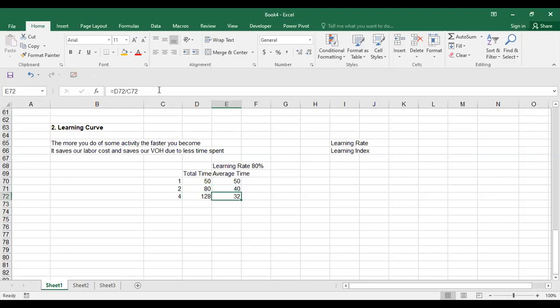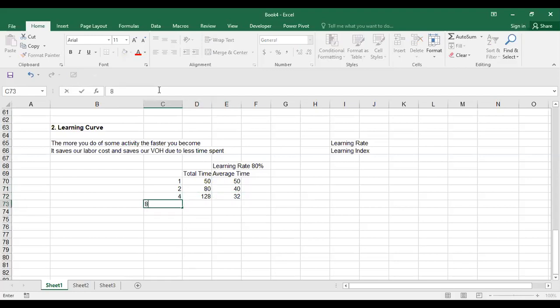Average time has reduced. For making 1 unit, the average time is 50 hours. For making 2 units, the average time has dropped to 40 hours. It is 80%. Then for making 4 units, the average time has further decreased by 80%. It is 32. 80% of 40 means 32.